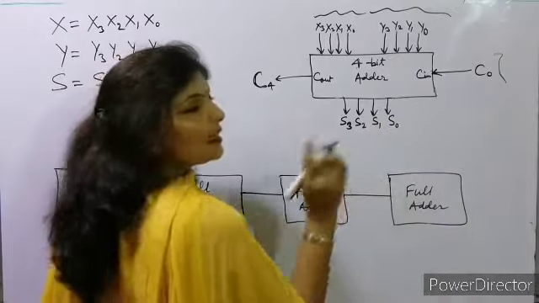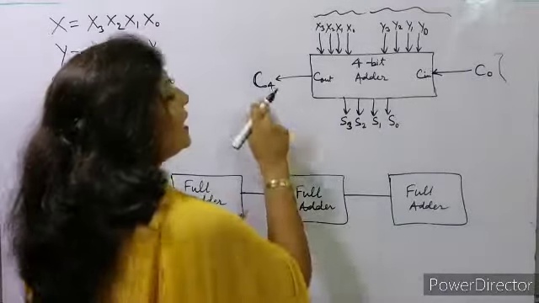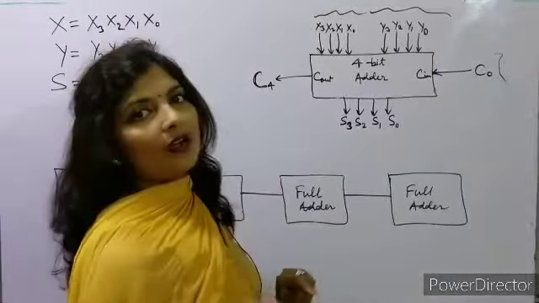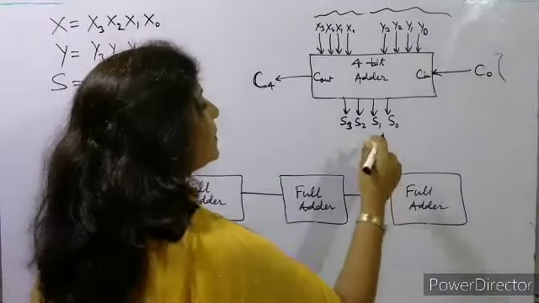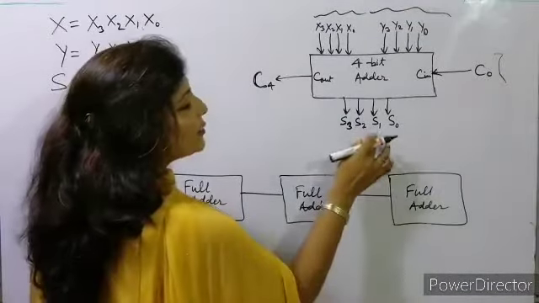So for the result there will be 2 outputs, c out and s, that is the sum. The sum will also be a 4 bit number, s0, s1, s2, s3.